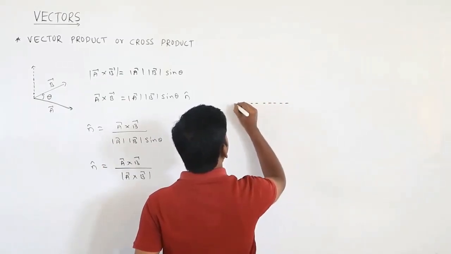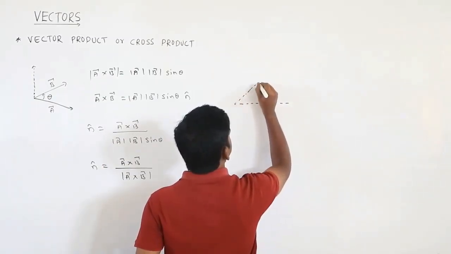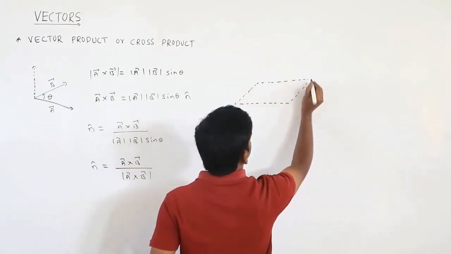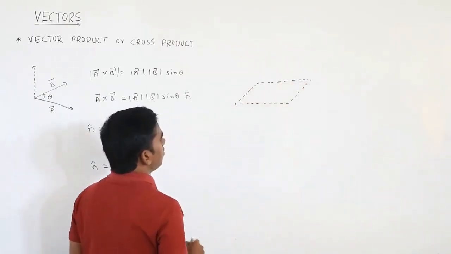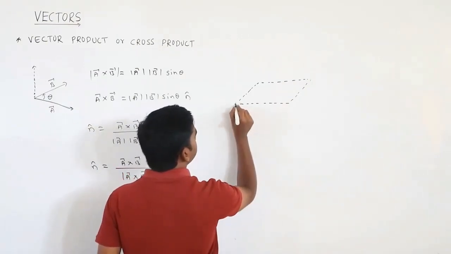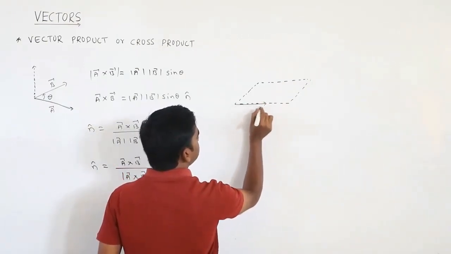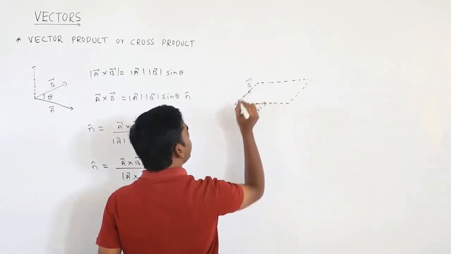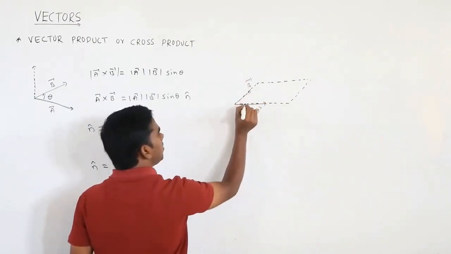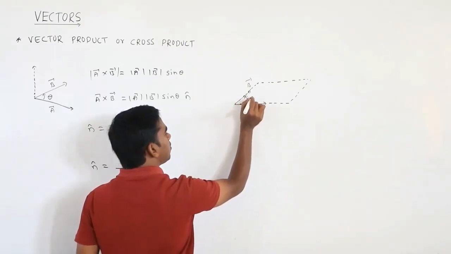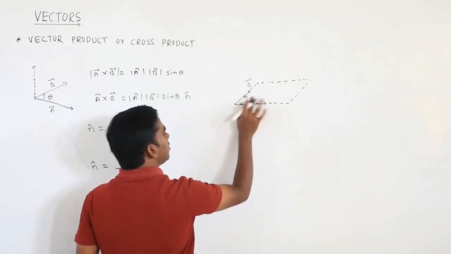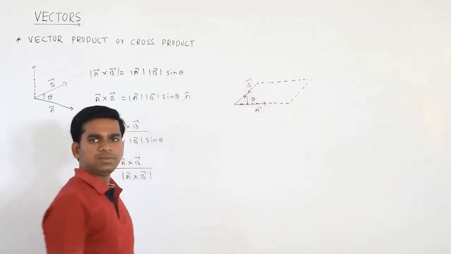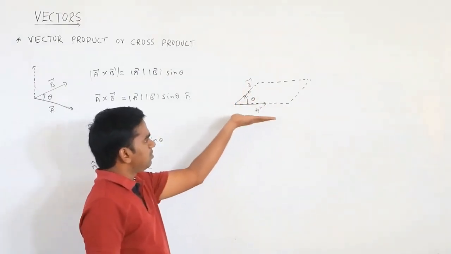You have two vectors on this xy plane: vector A is here and vector B is here, and it is moving from A to B. That means I want A cross B. This is theta.